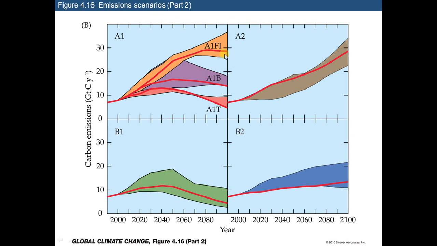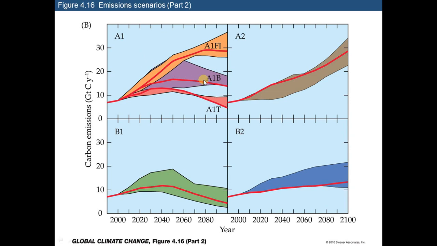A1FI is fossil intensive. We'll tell you now, this is business as usual. This is actually the worst case scenario. There are 4 storyline scenarios, but if you take into account that A1 has 3 groups, there are really 6 total scenarios. And A1FI is the worst case scenario in terms of global warming. It has the highest temperature increase, the highest sea level rise, okay, the highest CO2 emissions and concentrations.